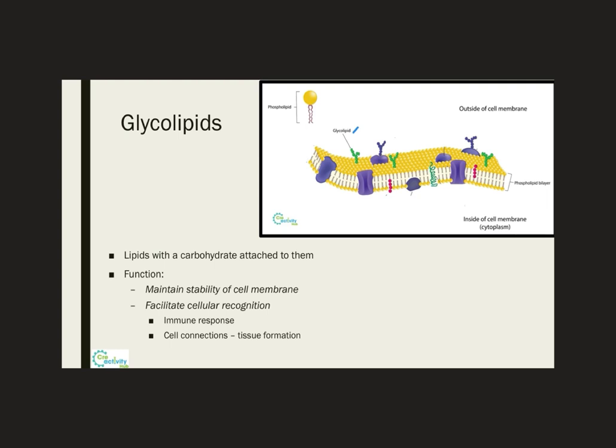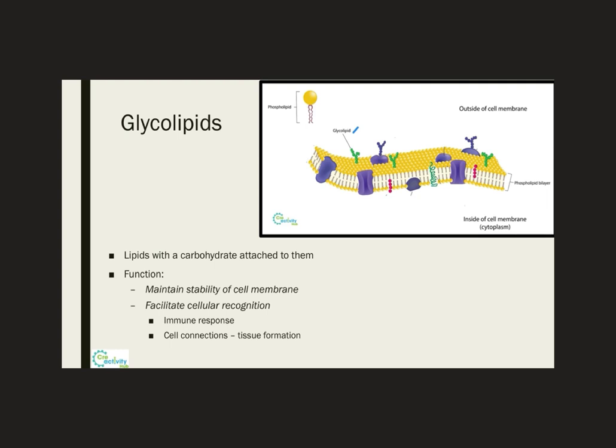And some of these molecules function as receptors. So when a membrane receptor binds to a specific molecule in the extracellular fluid, the membrane receptor will trigger a change in the cellular activity.